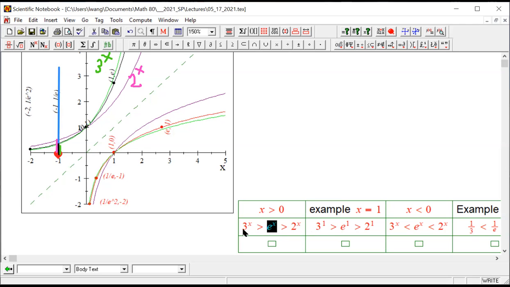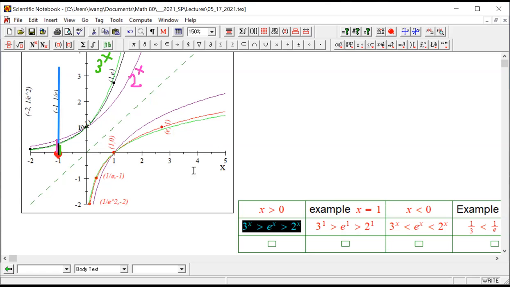On the positive side, 3 to the power x is higher and 2 to the power x is lower. And on the negative side, 3 to the power x is lower and 2 to the power x is higher. Got it?